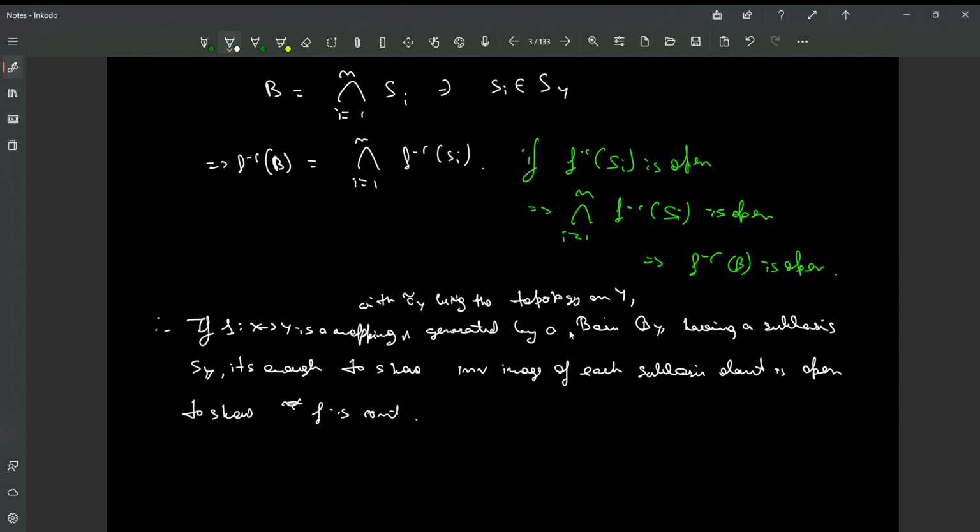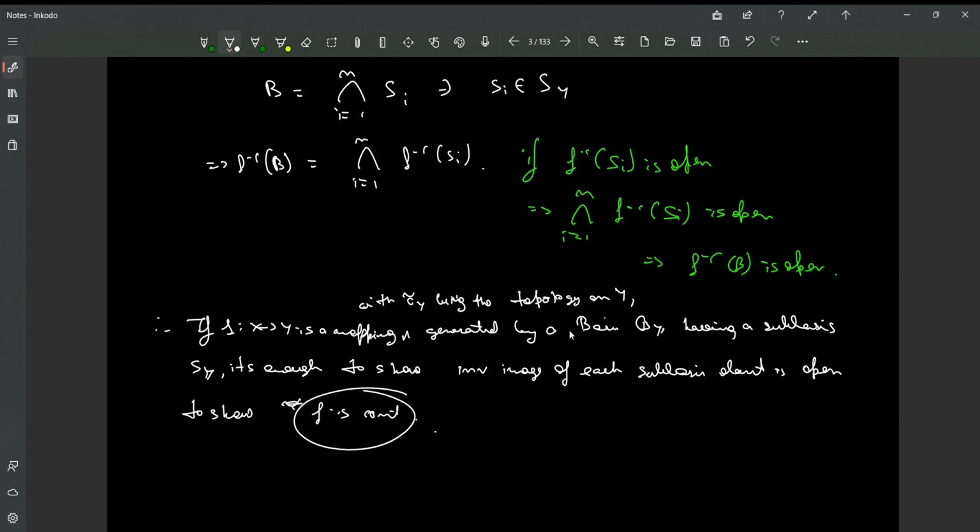Because if the inverse image of each subbasis element is open, then the inverse image of each basis element is open. If the inverse image of a basis element is open, then the inverse image of every open set is open, and that implies f is a continuous map, right?